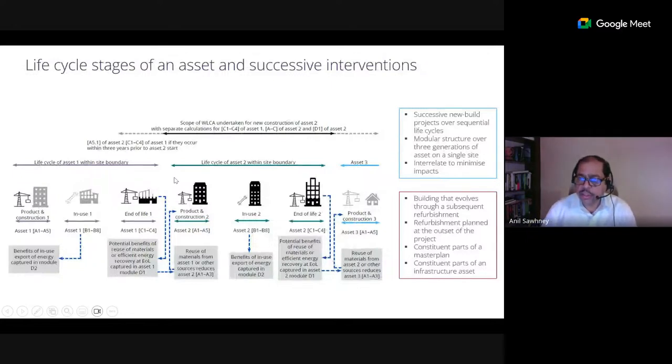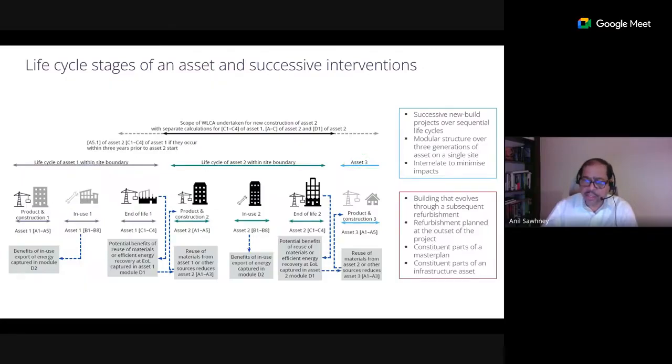The next is life cycle stages of an asset and successive interventions, where you can see that within the same site boundary, you have your first asset, you have your second asset, and then another asset will come after that.